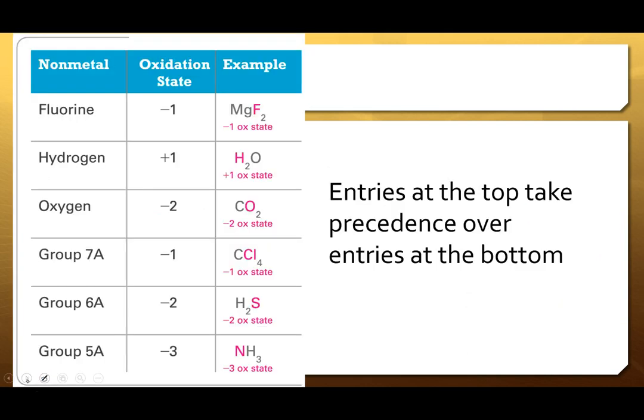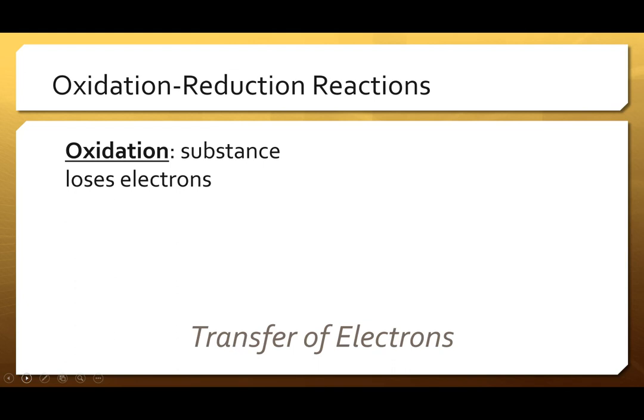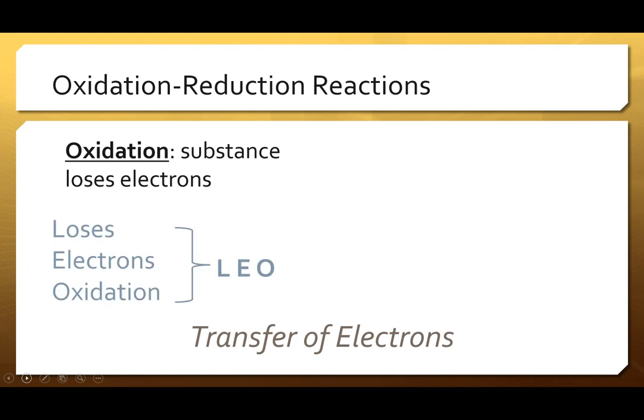Now that we've reviewed the rules for establishing oxidation states or oxidation numbers, now let's look at oxidation reduction reactions or redox reactions. So the substance that loses electrons across the chemical reaction is going to be oxidized. One of the silly ways that we remember this is Leo the lion says grr.